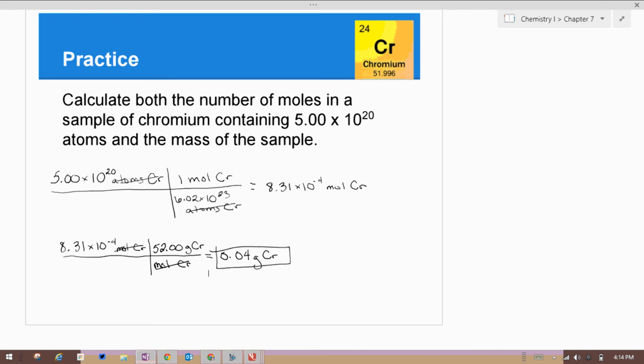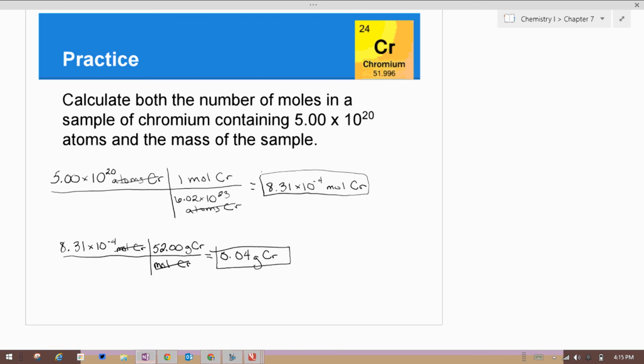So in my calculator, I typed in 5.00 second comma 20 divided by 6.02 second comma 23. I rounded that number to 2 decimal places, and I forgot my box, but I got 8.31 times 10 to the negative 4th moles of chromium.